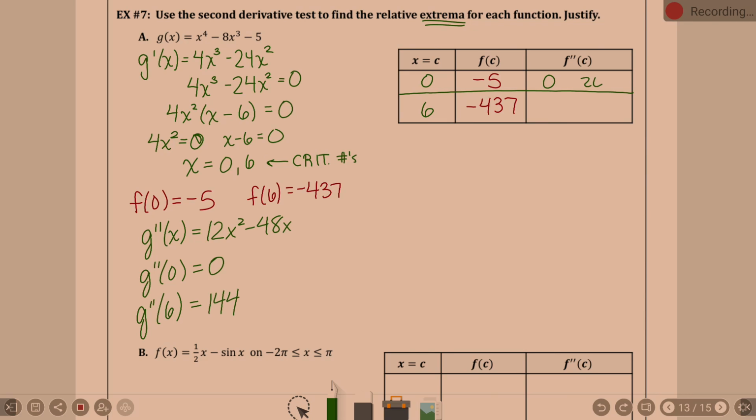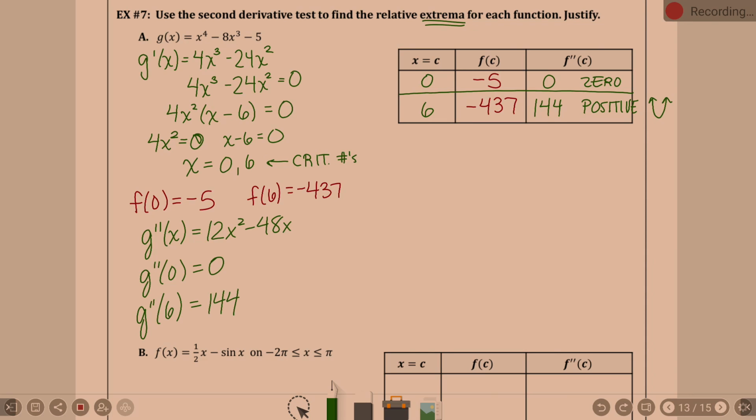What is the second derivative when x equals 6? 144, which is what type of number? Positive. A positive second derivative indicates concave up. Okay?